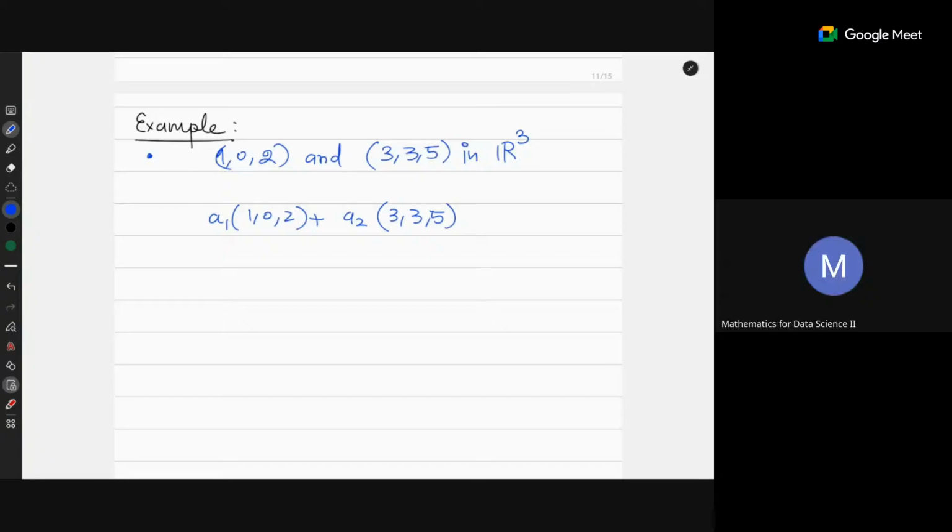The first equation is a1 plus 3a2. The second equation will be just 3a2. The third equation will be 2a1 plus 5a2. And then you have 0, 0, 0 on the right-hand side, so you equate to 0, 0, 0 in order to get the system of equations. So we have 3 equations, right?